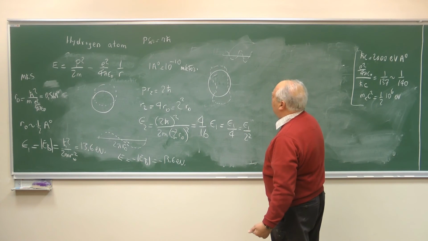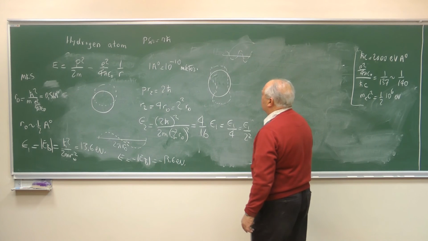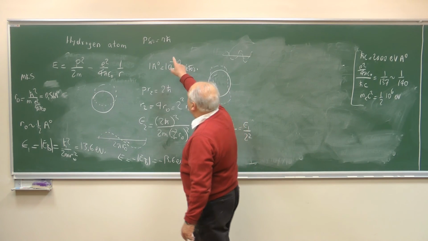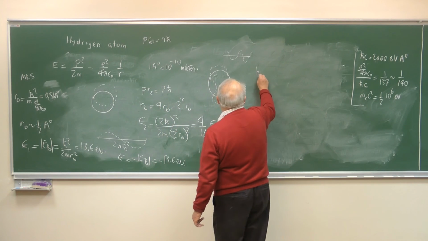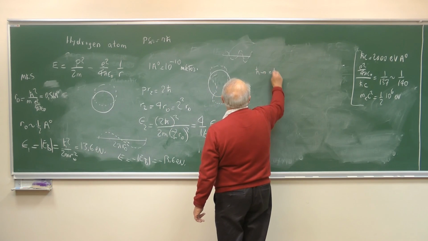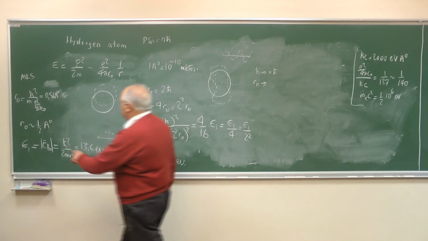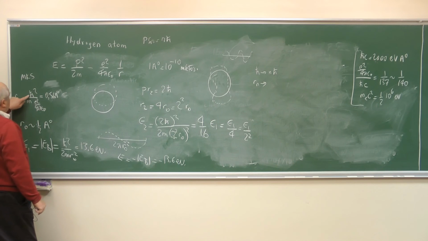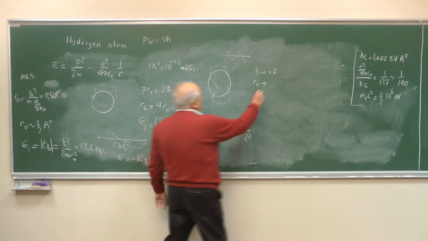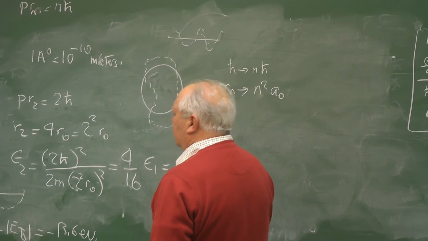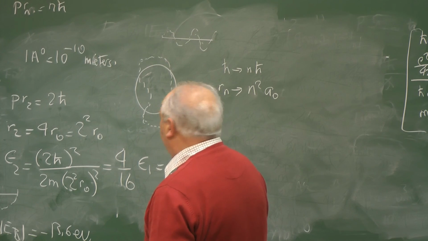What about n? So h bar goes to n h bar, and Rn goes to, from here, n h bar squared, so it is n squared R0, and epsilon n.